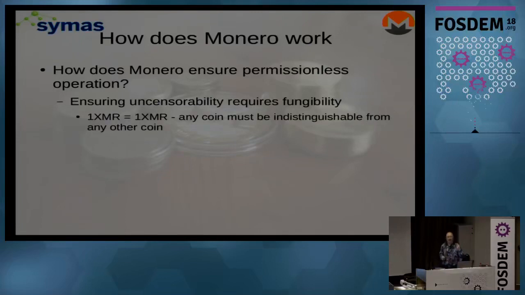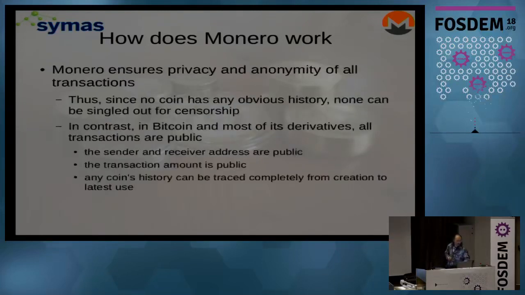So it's vital to be a functioning currency, to actually act like money, that your coin has to have fungibility. You can only get fungibility through privacy. You can only get it if your coins have no traceable history.